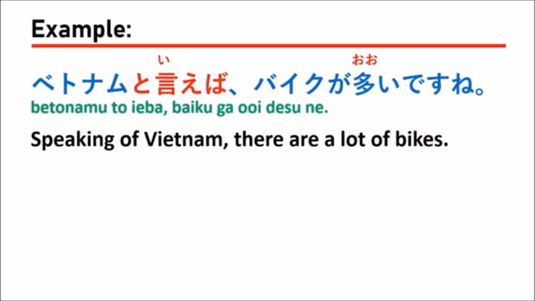Motorbikes. For many people, when you think about Vietnam, in your imagination there are many things, such as many motorbikes, right? So in a case like this, you can say ベトナムといえばバイクが多いですね, which means speaking of Vietnam, there are a lot of bikes, or so many motorbikes.